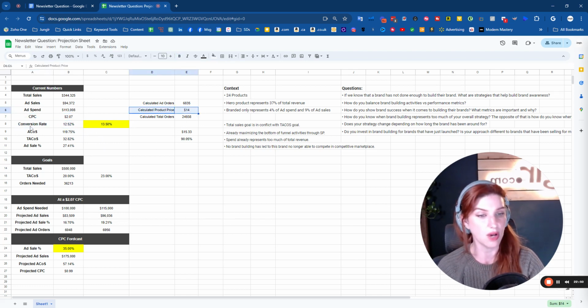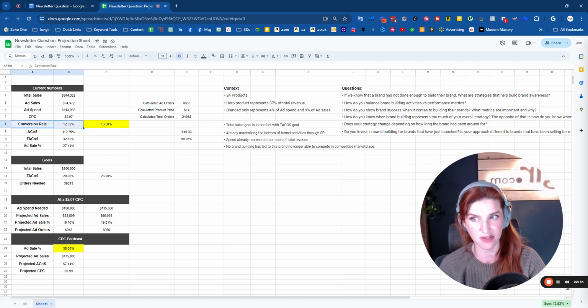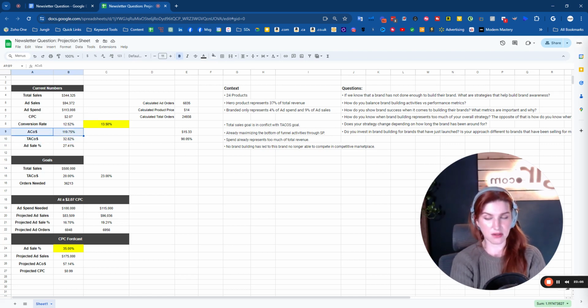So your goal as an ad manager is to say, what targets do I have with higher than average conversion rates? What targets do I have with lower than average cost per clicks? And that's going to correct this, because most likely what's happening, and this is really easy, and what makes these situations so difficult, is you're probably looking at the total ACoS and saying these are far too high, and you would be correct.